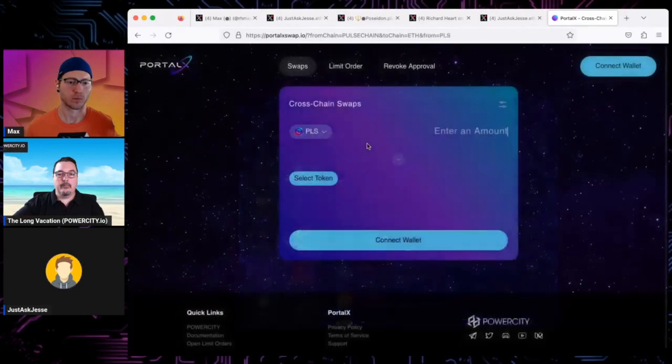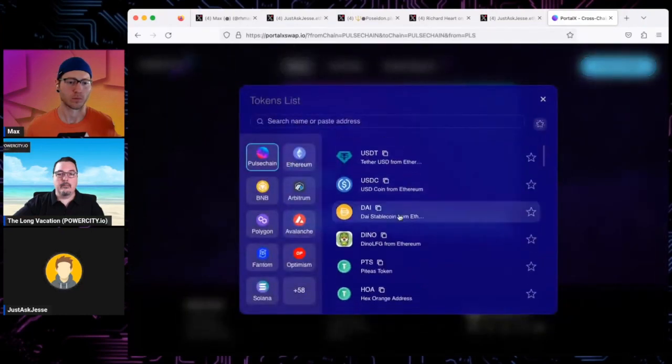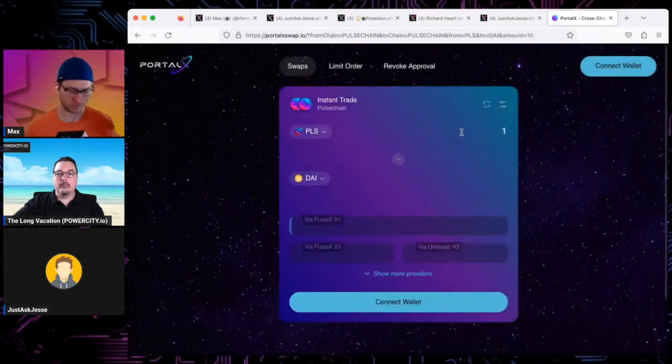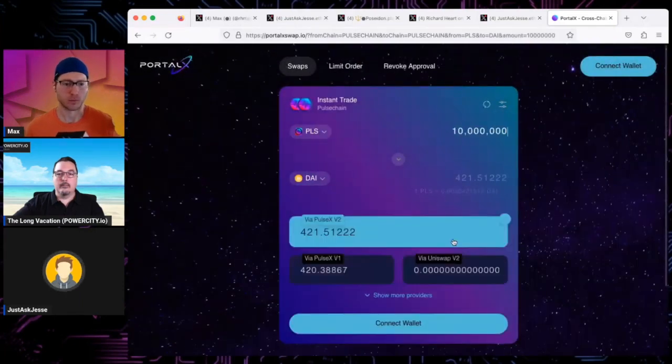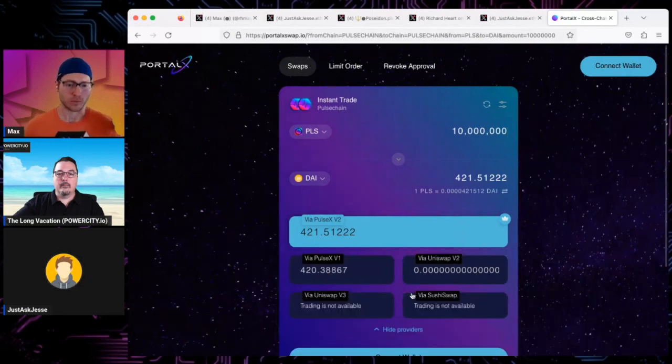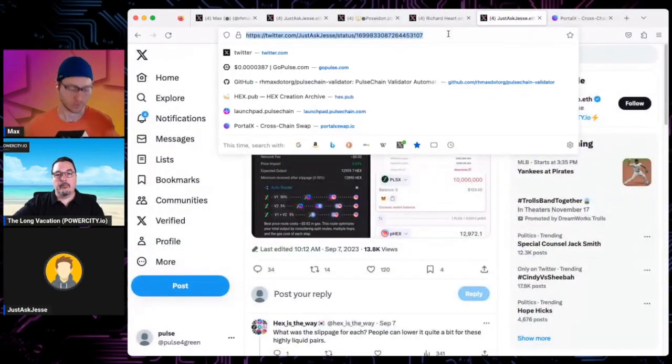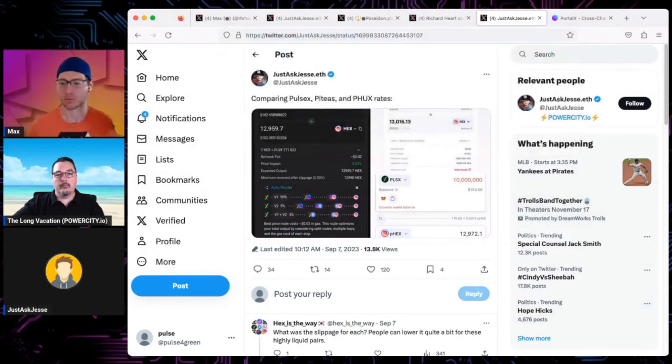Okay, now there's only so many routes into PulseChain, and the route that was always being found happened to be through a partnership that OKX had with Change Now, and OKX decided they were going to delist Pulse.